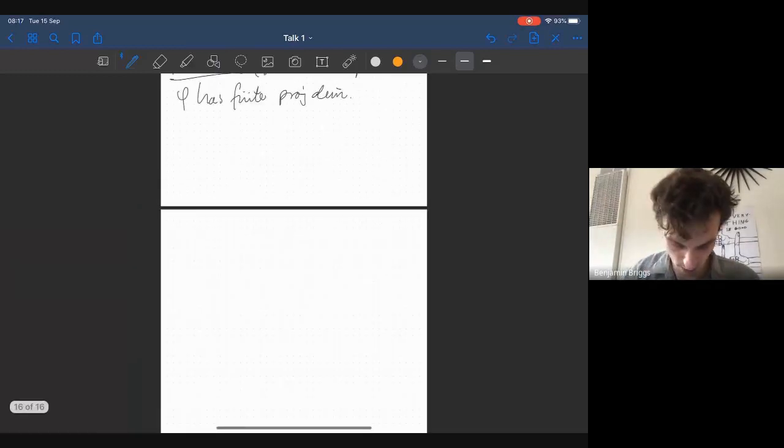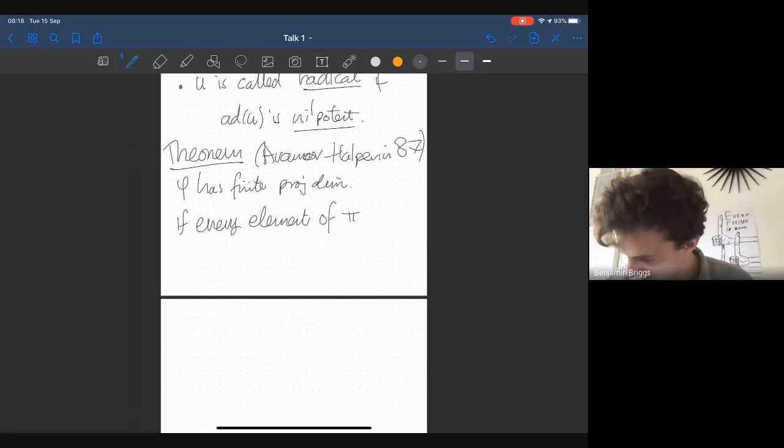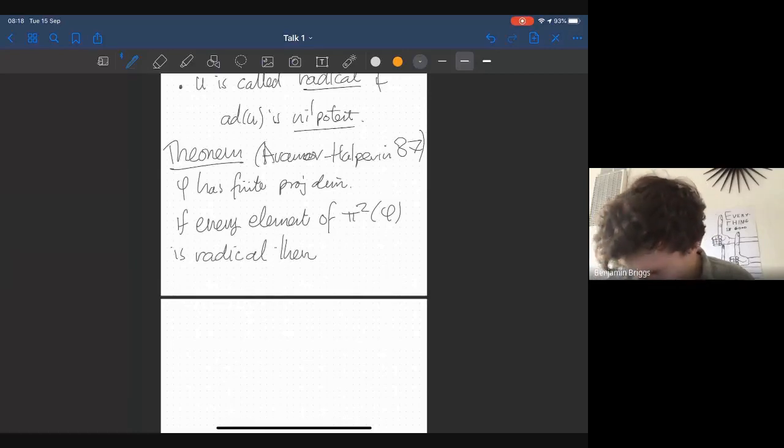It says that if every element of pi 2 is radical, then phi is complete intersection.